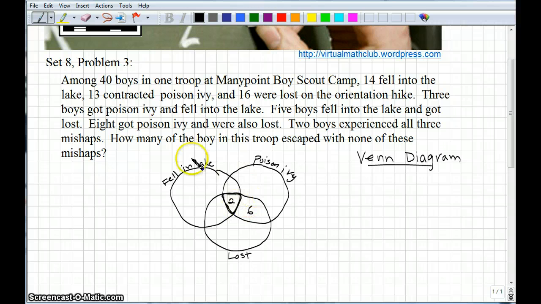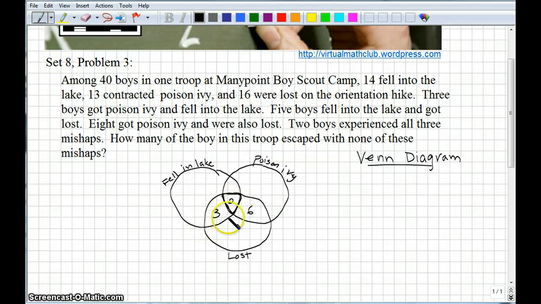So let's again work backwards. We have 5 boys that fell into the lake and got lost. Here's fell into the lake, here's lost. We have 5 boys. We have 2 that are already accounted for because they had all 3 things happen. So we need 3 more to make 5.